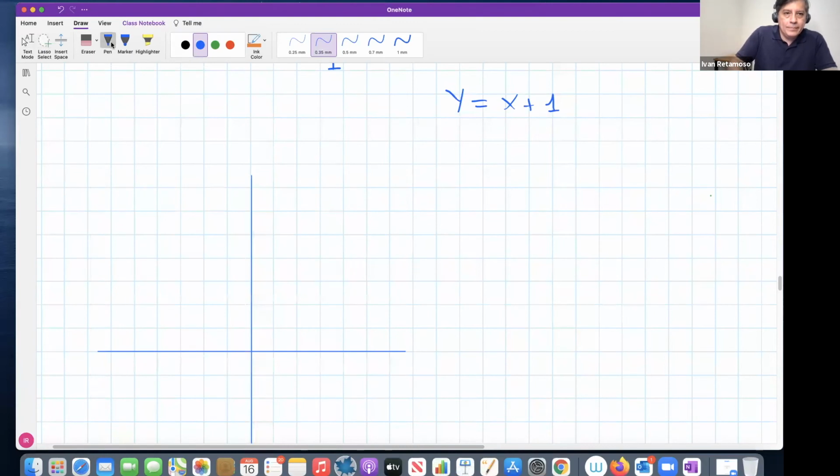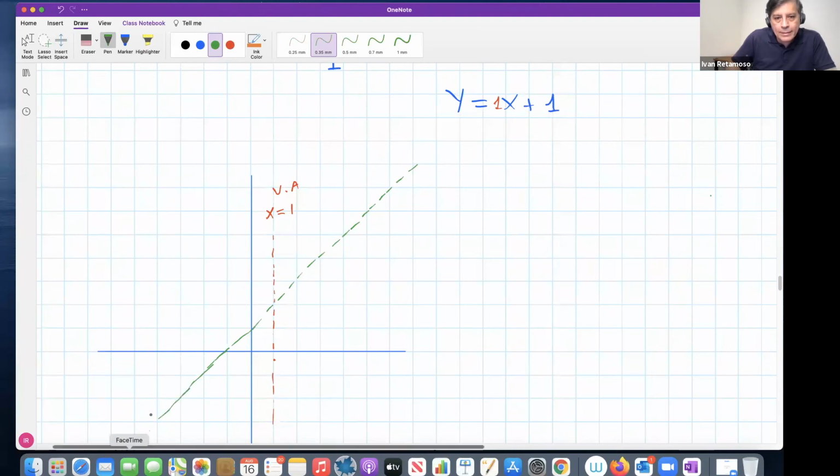So let's say your vertical asymptote now is this, x equals 1, and the slant asymptote, y equals x plus 1, slope 1 and y-intercept 1. So it's this. And then using test points, you can figure out the two curves associated to this.